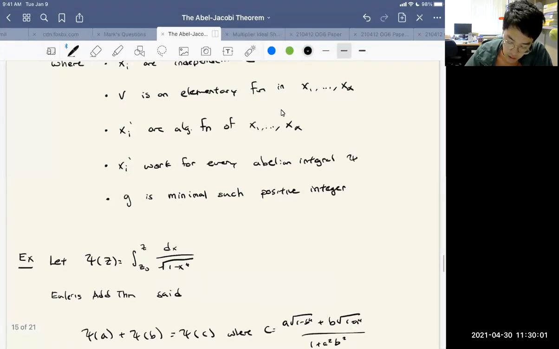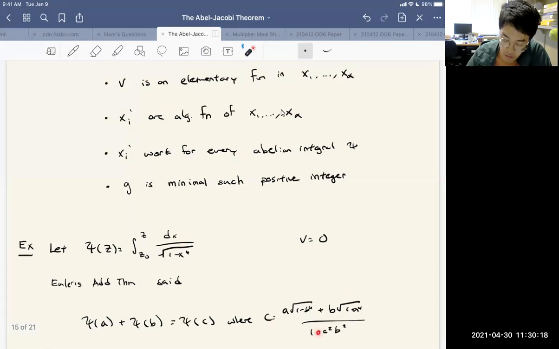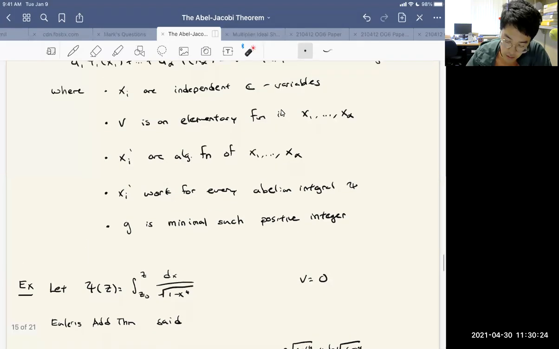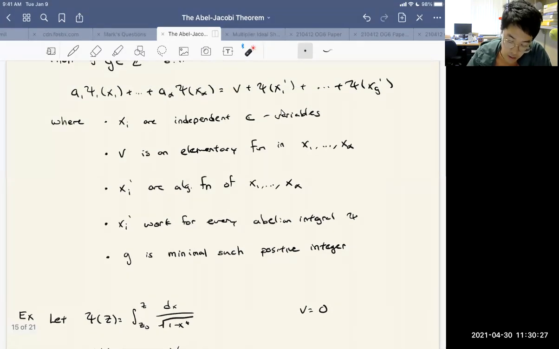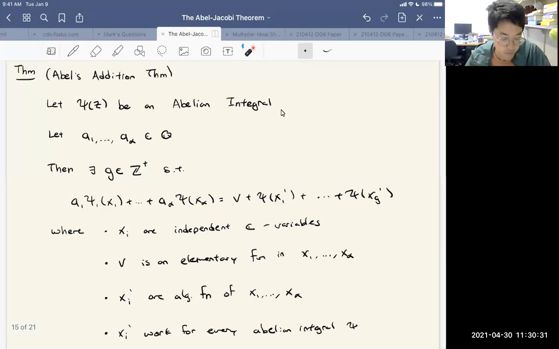So here my xi's are A and B. My elementary function v is equal to 0, so I don't have a contribution right here. And I only have one xi prime, which is C, and it's given by this function over here. So this addition theorem is a special case of this Abel addition theorem.